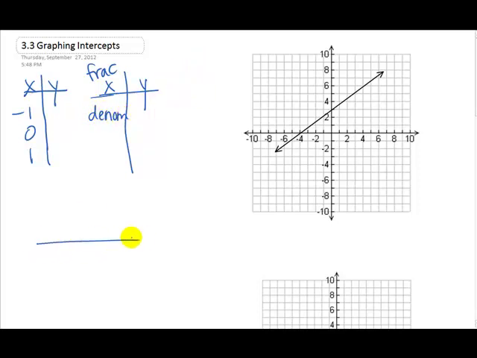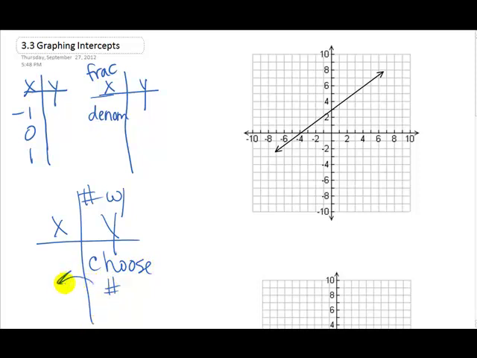And then if there was a number with y, we would choose the number for x. Well, now we're going to be looking at using a t-chart, but we want to graph intercepts.